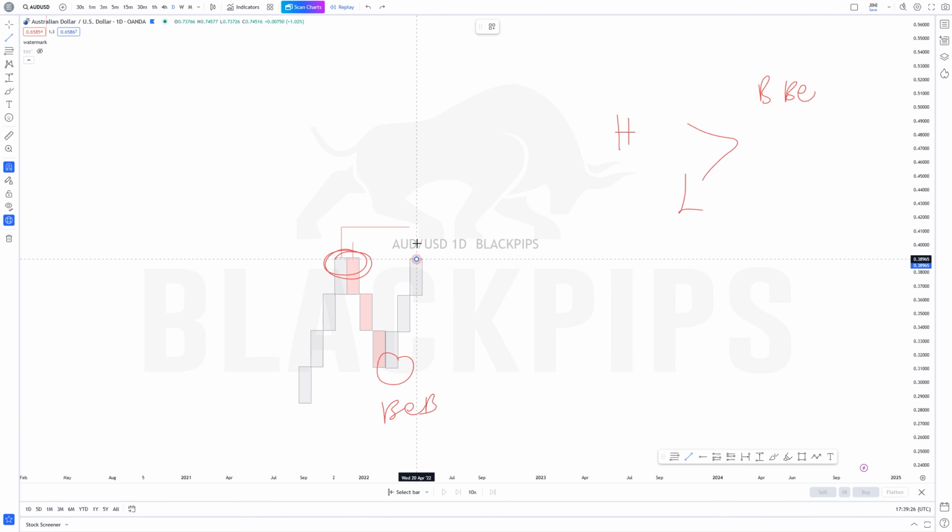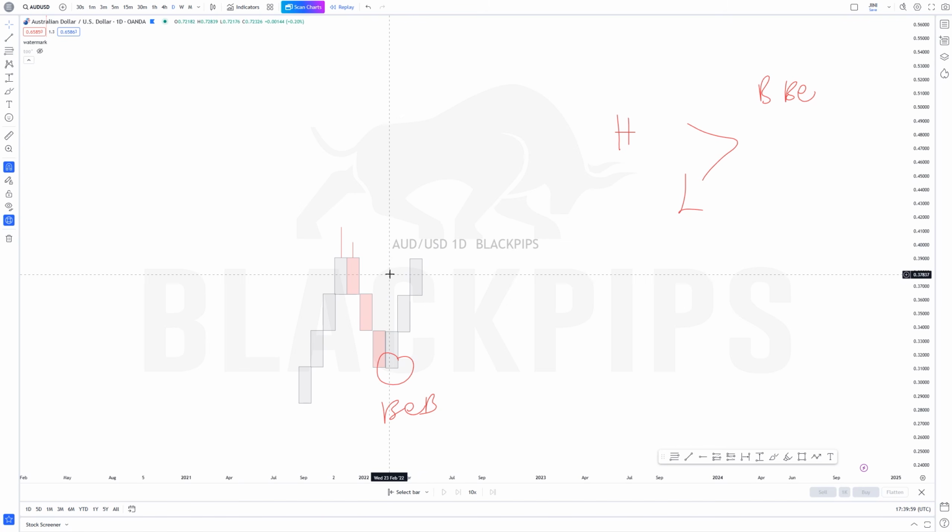If you see this kind of structure, this is what we call wick to wick breakout, because this candle failed to break with the body, but it gave us a wick that closed above the previous wick. So that is wick to wick breakout, but we don't use that. We use two types of break, which are wick to body breakout, and also body to body breakout.